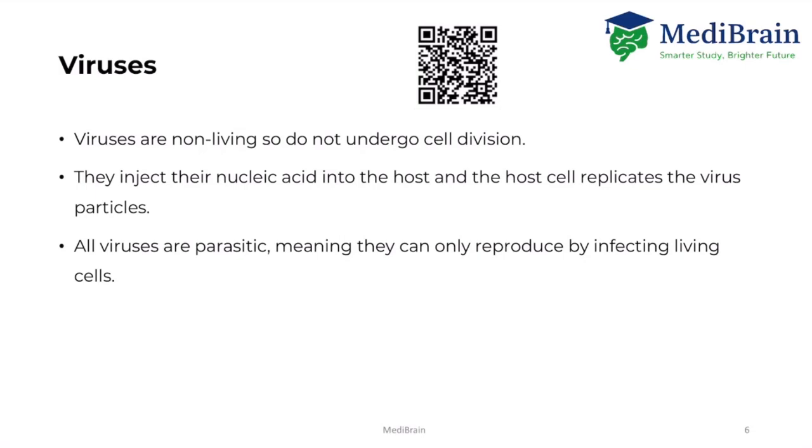They will have to inject your body cell, and once they're inside, they will use that body cell as a means to replicate themselves. And when a body cell has too many virus particles within it, it will explode. And when that body cell explodes, that explosion of that body cell is what causes the damage. That's what causes you to feel unwell.